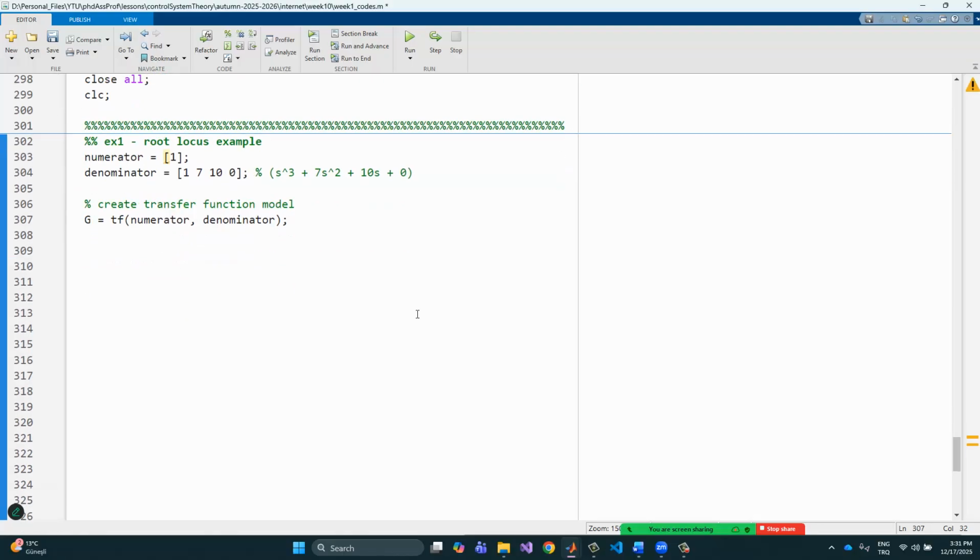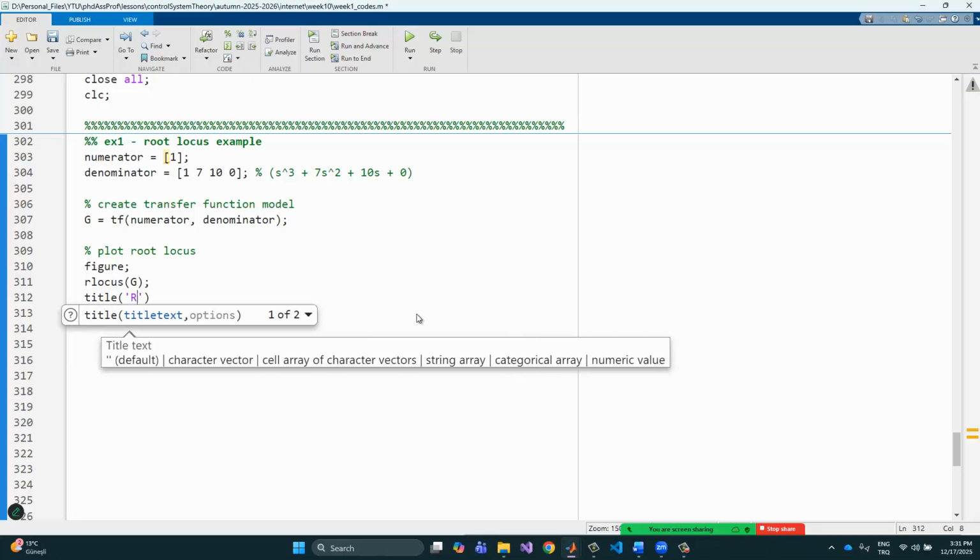But how can we draw the root locus? Plot root locus equals what? The figure should be created in here, and our locus g must be given in here, and also the title should be given: Root locus of G(s), which equals K over s times (s plus 2) times (s plus 5).